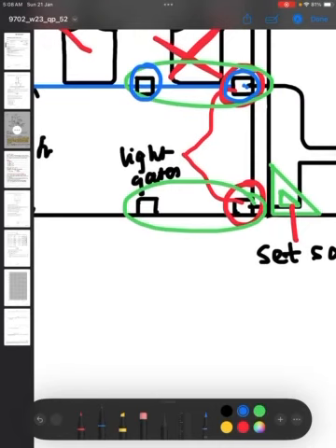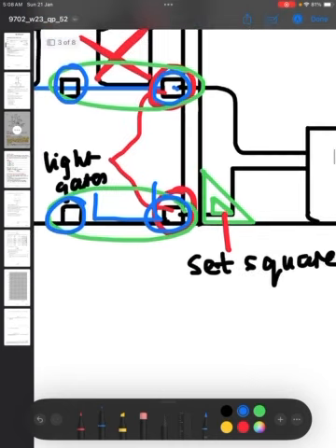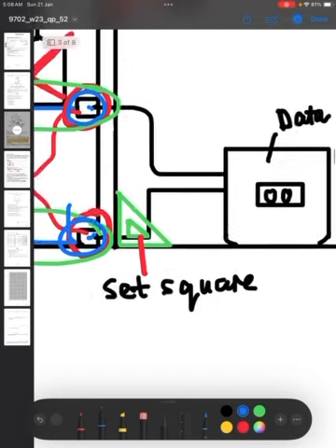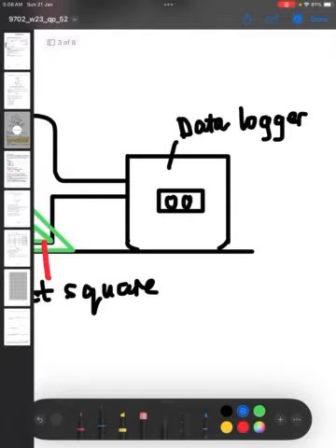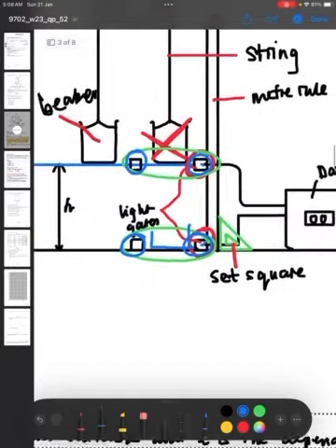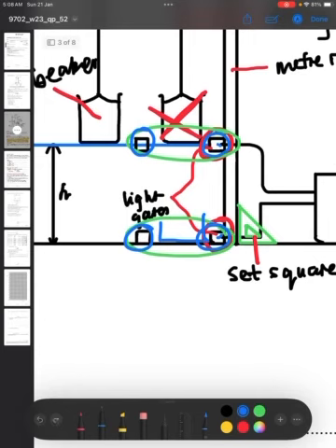Now, this one also is producing light, this one is detecting light. So when the beaker arrives and breaks the gap between the two, what will happen now? There's no more light arriving here. So this one, detecting that there's no more light, sends the information to the data logger to stop the stopwatch. So that's how a light gate works. So if you understand that one, then we can proceed.